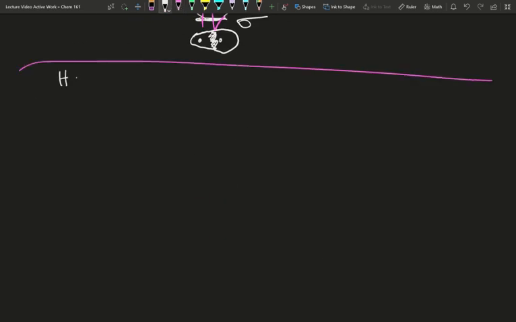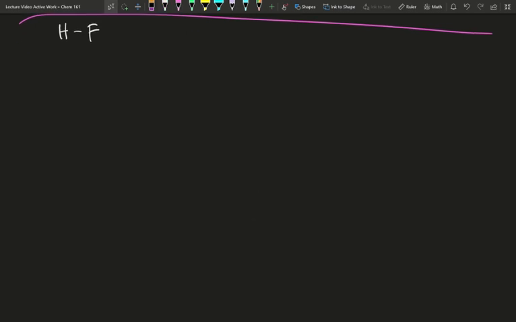Let's look at HF. In this case, I've got my hydrogen 1s, and fluorine. Well, remember as you go across the periodic table, your Z effective gets greater. So if we think about energy, and we have hydrogen's 1s, and then we go to helium, well, it drops down.